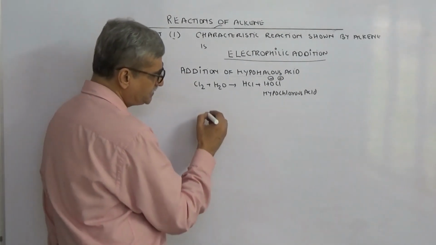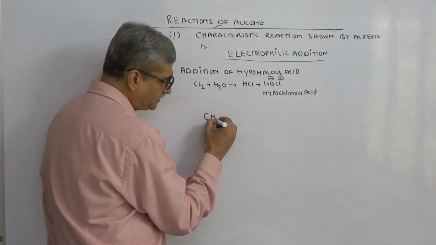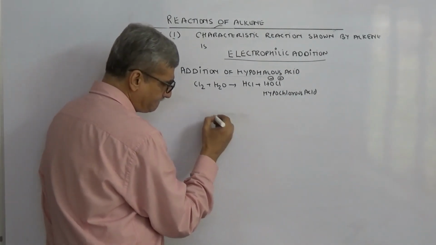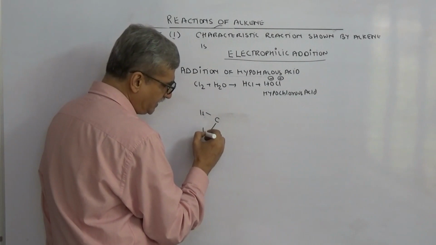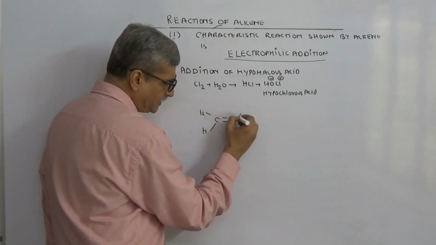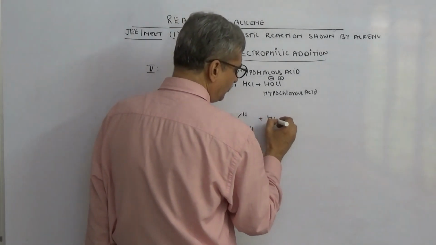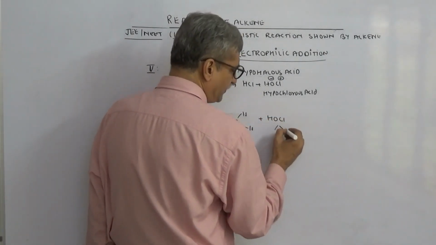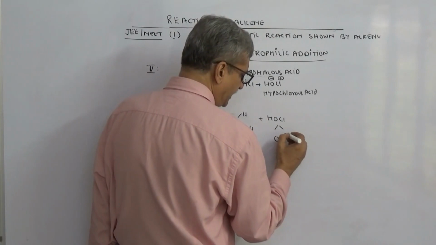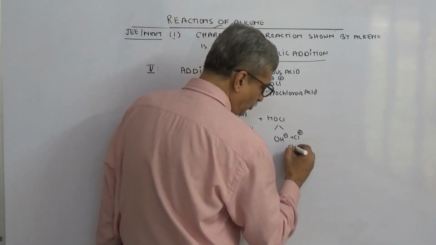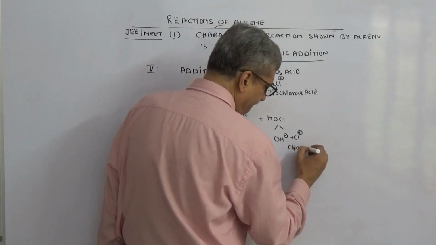So what happens when we react, let us say, ethylene, CH2=CH2, plus you have HOCl, which splits to form OH minus and Cl plus. So Cl plus is called chloronium ion.